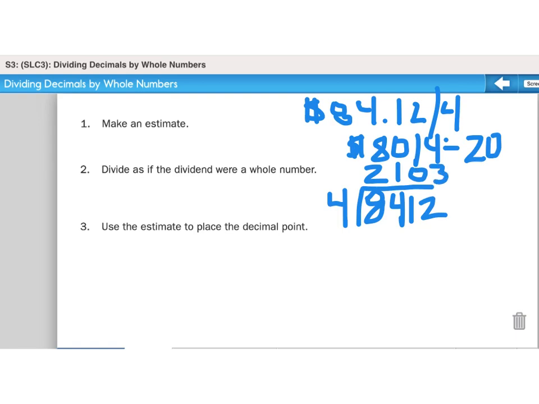Then we're going to look back at our estimation to decide where to put the decimal point. Well, our estimation was 20. So to make that close, we're going to put the decimal point right here between the 1 and the 0, which would mean our answer is $21.03. So that's close to $20, so we know that that is the correct answer.